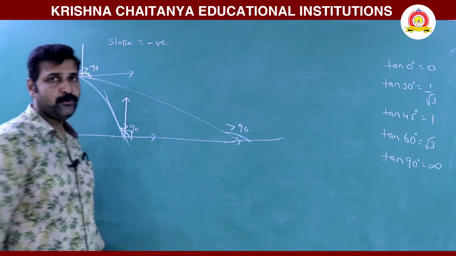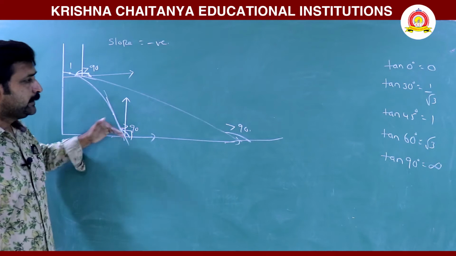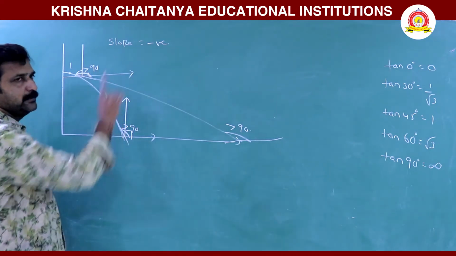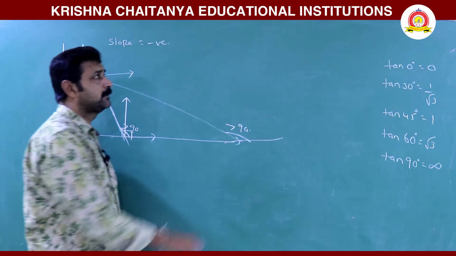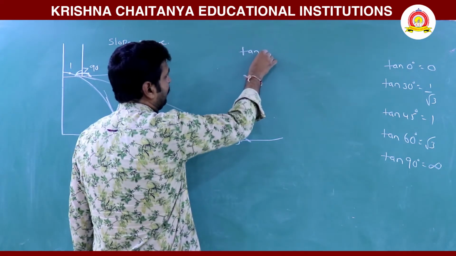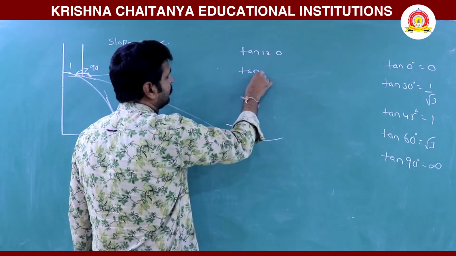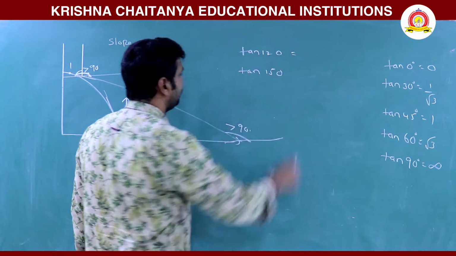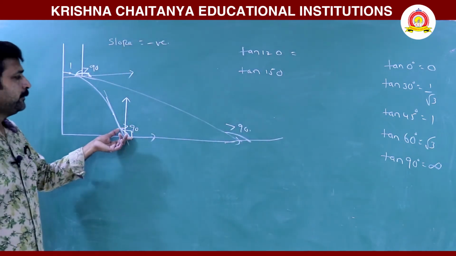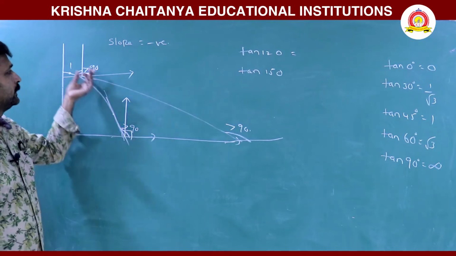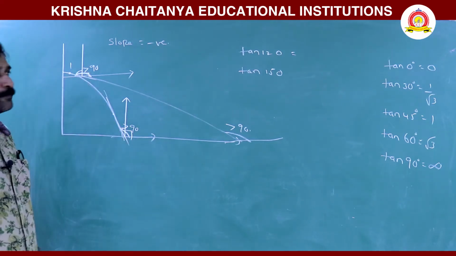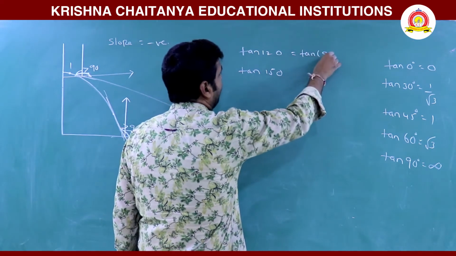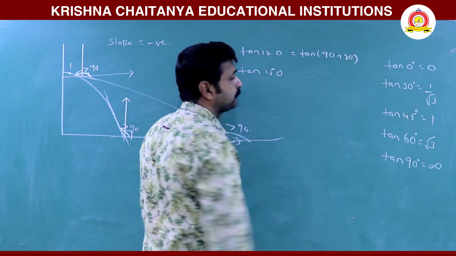Now, slope is negative, that is confirmed. Why is slope negative? Since angles are greater than 90, that is confirmed. But if we compare tan 120 and tan 150, this angle may be around 120, this angle around 150. For tan 120, this is tan of 90 plus 30.